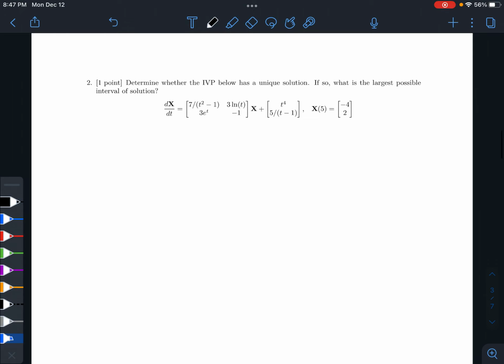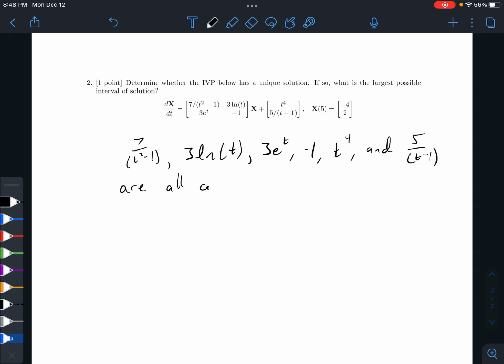Now we just have to say, is there a common interval for all these other functions? 7 over t squared minus 1 is continuous everywhere except for 1 and negative 1. 3 ln of t is continuous for any positive value of t. 3 e to the t, negative 1, t to the fourth, those three are always continuous, and then 5 over t minus 1 is continuous except for t equals 1.